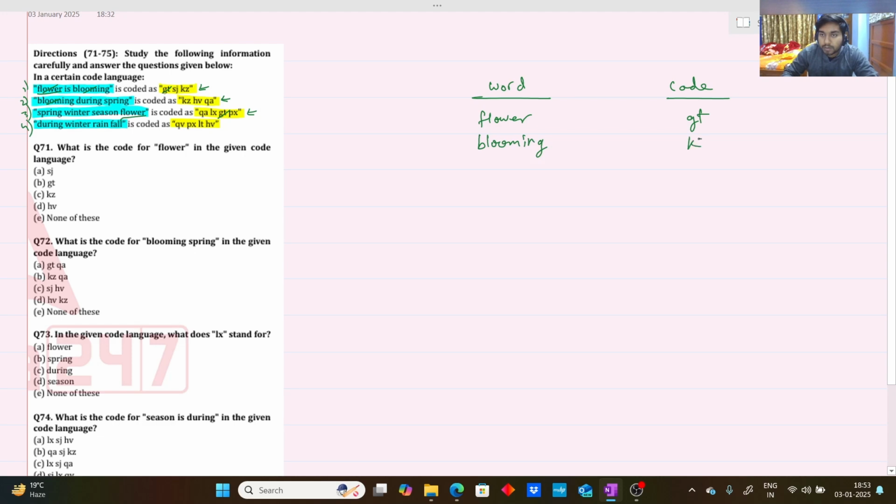Which leaves us "is" as my only remaining word and SJ as my only remaining code. That means "is" is SJ. So we have successfully decoded the full first sentence.